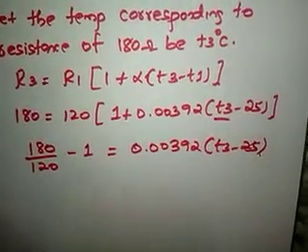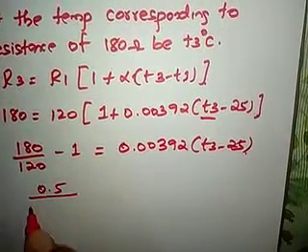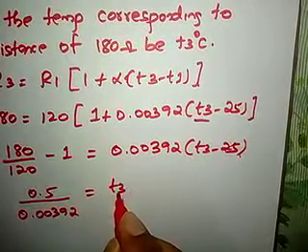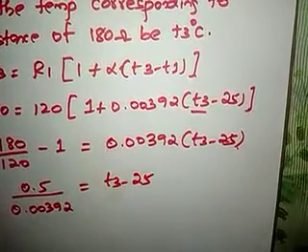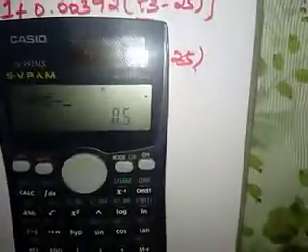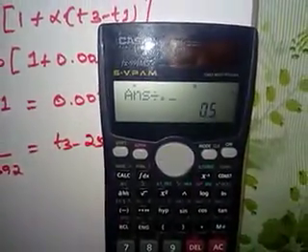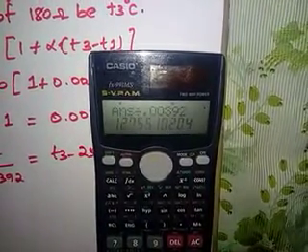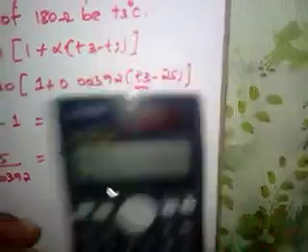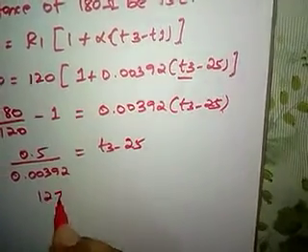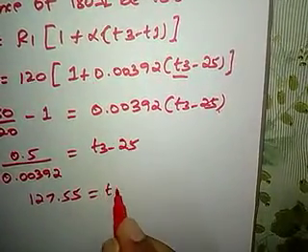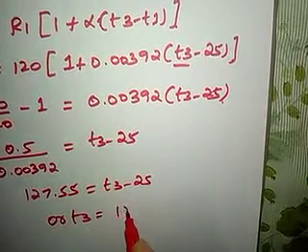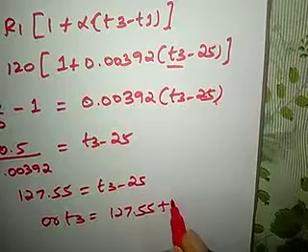So this is 0.5 divided by 0.00392, that is equal to T3 minus 25. So 0.5 divided by 0.00392 will be 127.55, that is equal to T3 minus 25, or T3 is equal to 127.55 plus 25.